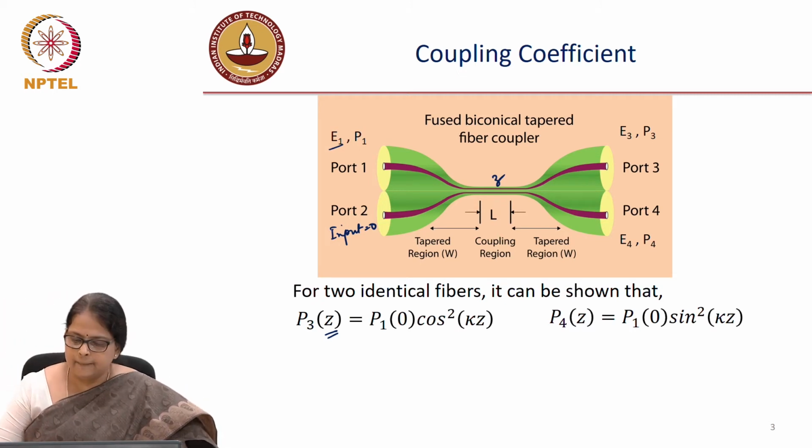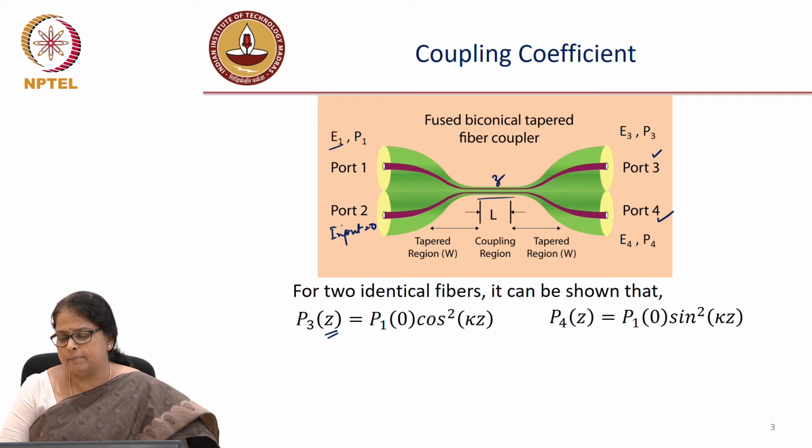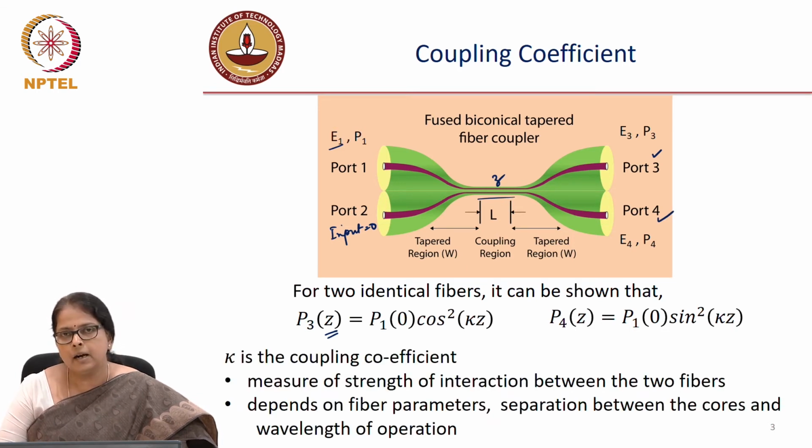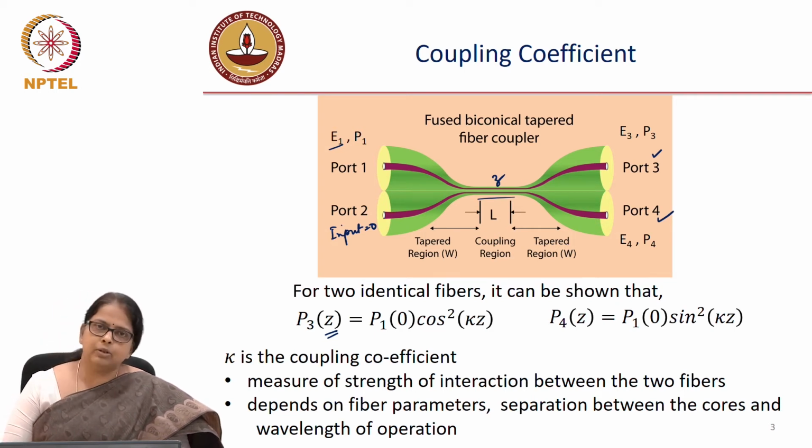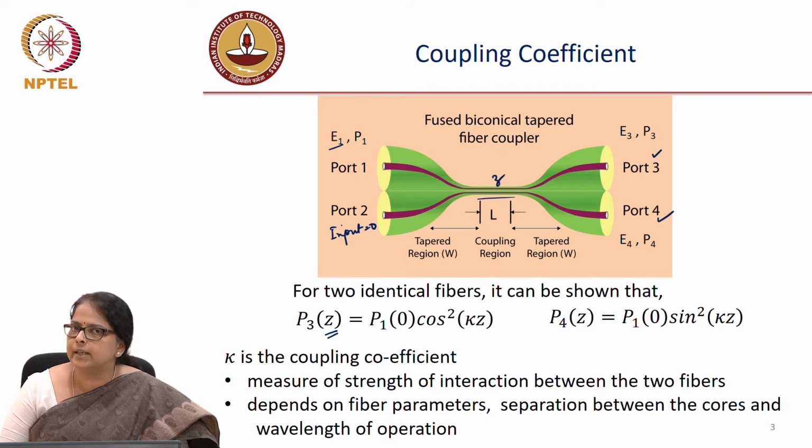The power that you get here is a function of this coupling length: P3 equals P1(0), which is P1 at Z equal to 0, times cos squared kappa Z, and the power in P4 is P1(0) sine squared kappa Z. And what is this kappa? Kappa is what we quantify as the coupling coefficient, and it measures the strength of the interaction between the power in the two cores, in the two fibers.